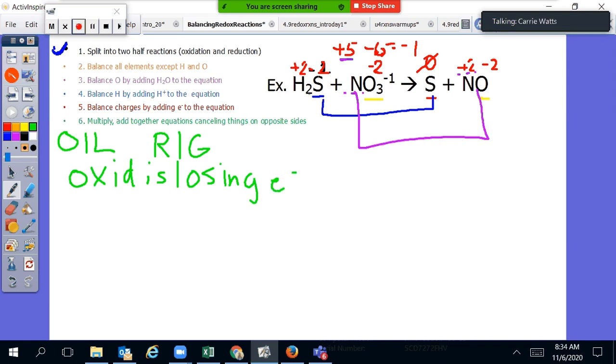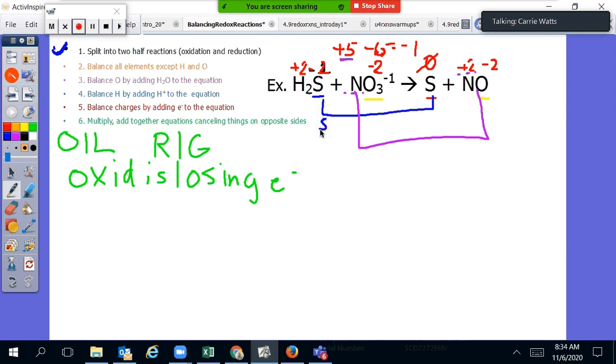Okay, so let's look at the sulfur. -2 to 0. Is that losing electrons? Yes, because you do a +2, you're losing 2 electrons. So then once I decide that, I write down, I literally write it out, okay? Because I like to be very clear, and I want you guys to be clear what's going on.